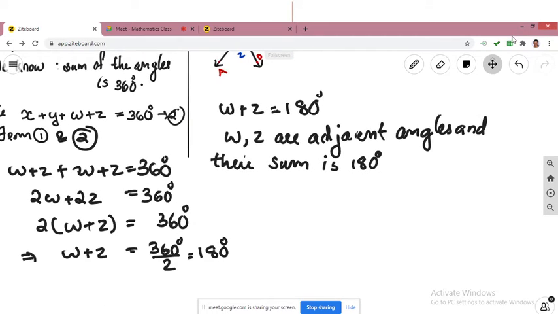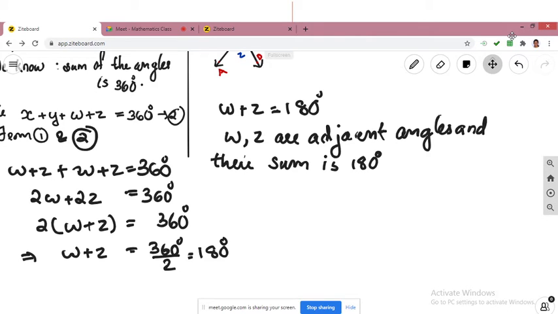Okay, Vasanta, can you hear me? Can you hear me properly? Okay, someone was saying it is a straight angle. Yeah, but here the sum of two angles is 180 degrees. So when will you say an angle is straight?